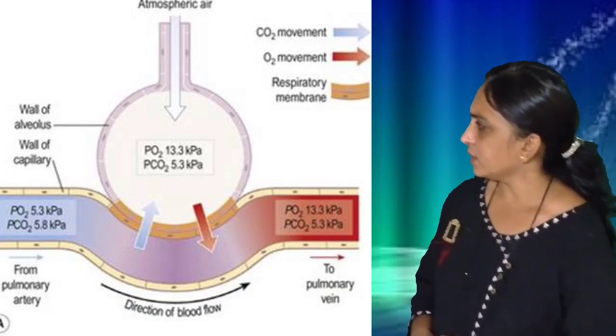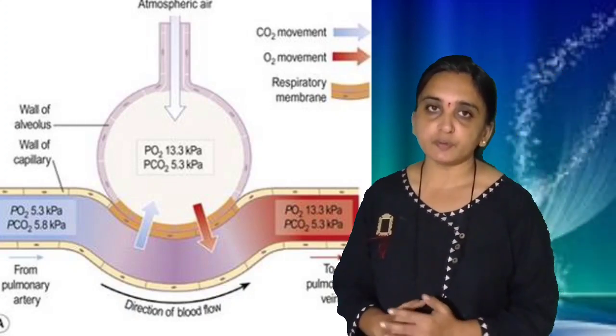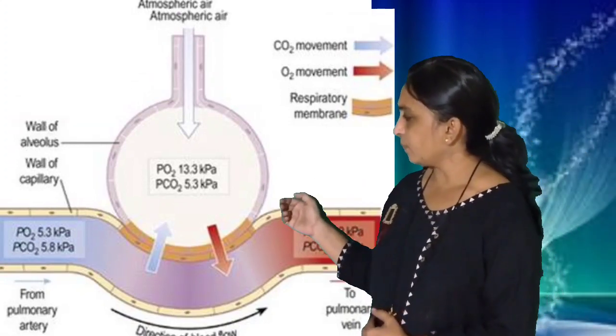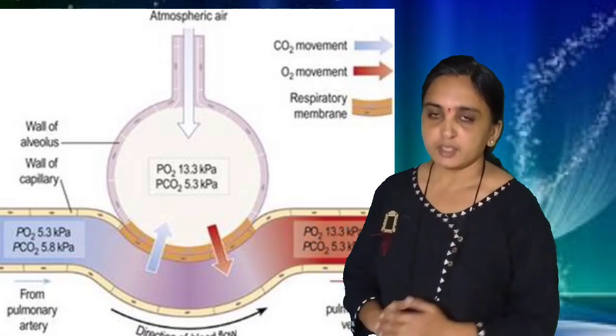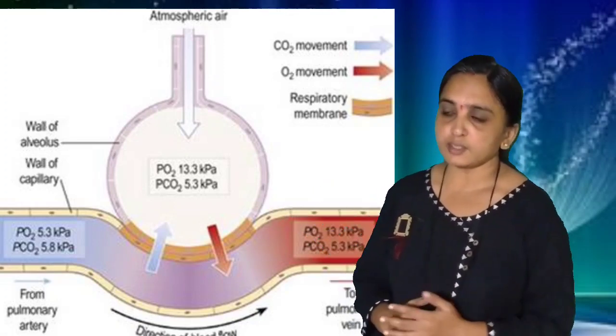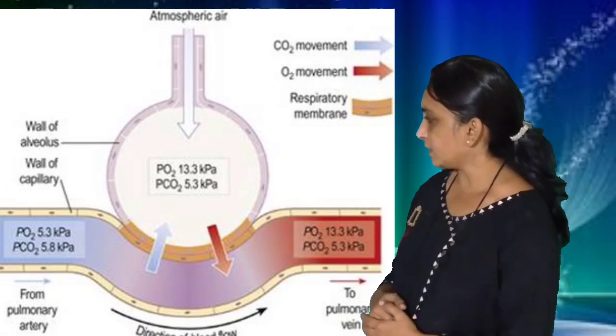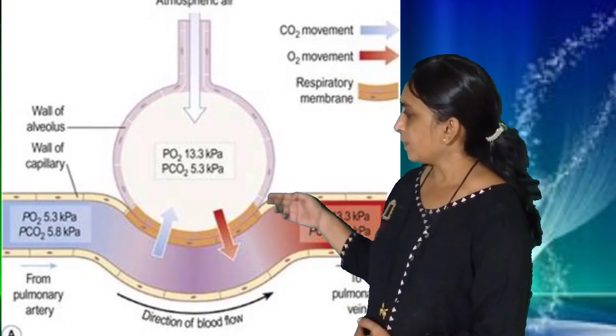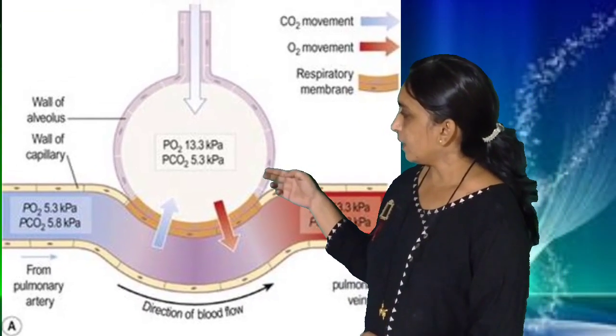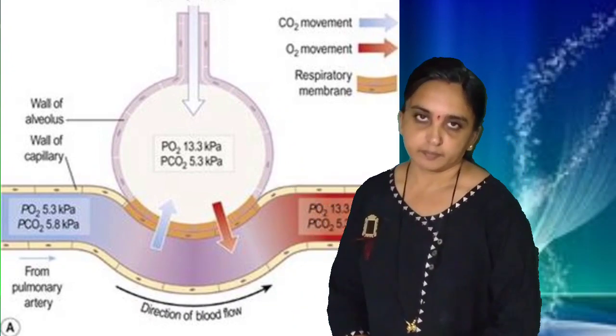While when CO2 has to diffuse from the blood which is present in the capillary, it also has to cross these three membranes, that is the capillary endothelium, basement membrane and alveolar epithelium.